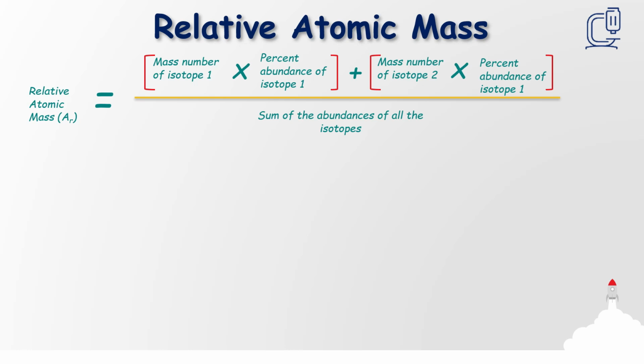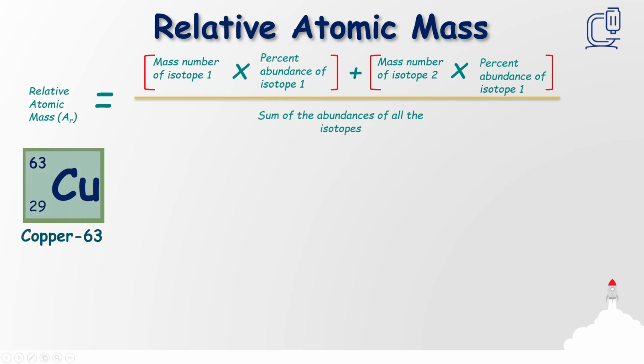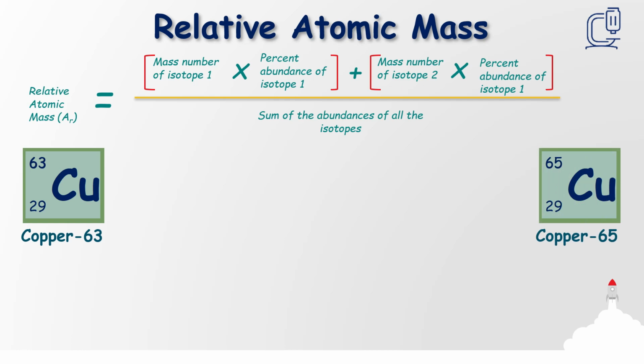Here we have two isotopes of copper, copper 63 and copper 65. Copper 63 has an abundance of 69.2% and copper 65 has an abundance of 30.8%. So if you held a handful of copper, 69.2% of that will be copper 63 isotope and 30.8% will be copper 65 isotope.